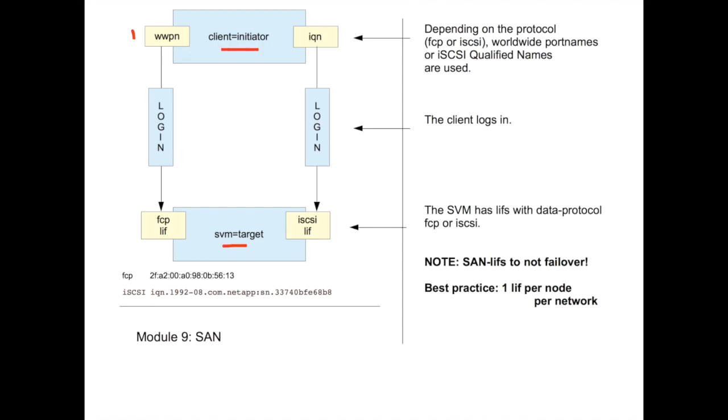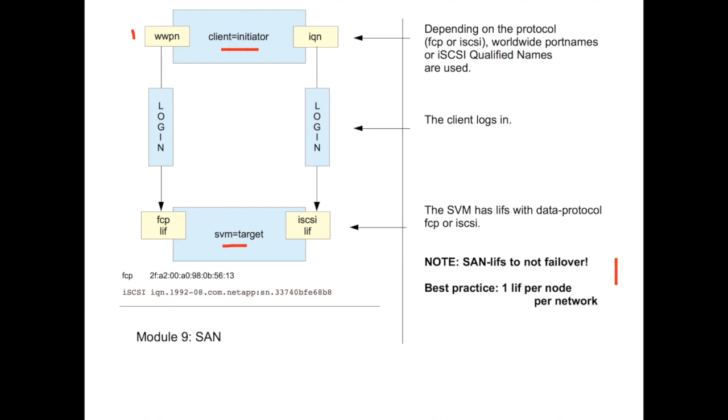Very important to remark is that a SAN LIF, we've already discussed that, but again, a SAN LIF does not fail over. You can migrate a SAN LIF to a different port, but then the LIF will have to be taken offline. So this is not something that you should really take into account. At least it's not automatic. You cannot fail over your SAN LIFs.